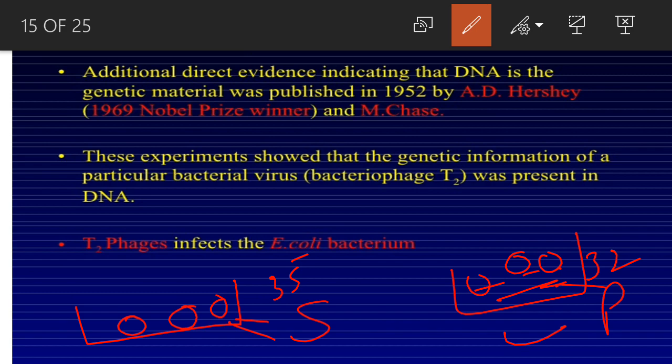So when these viruses were growing in the phosphorus, they developed DNA which was radioactive. On the other hand, the bacteriophages which were grown in the sulfur contained sulfur in their coat, which was made up of proteins.